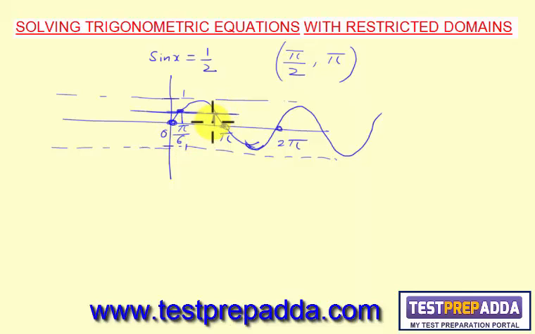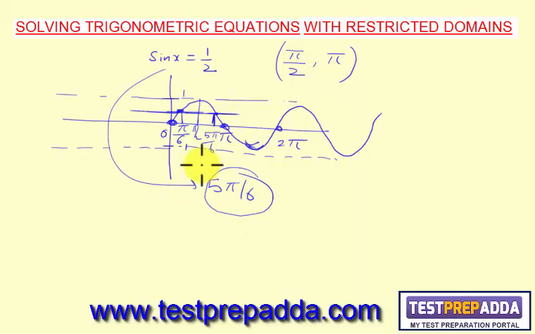Another one is here, that is pi minus pi by 6, that is 5 pi by 6. So between pi by 2 to pi, the only answer is 5 pi by 6. So this is called solution of trigonometric equation with restricted domain.